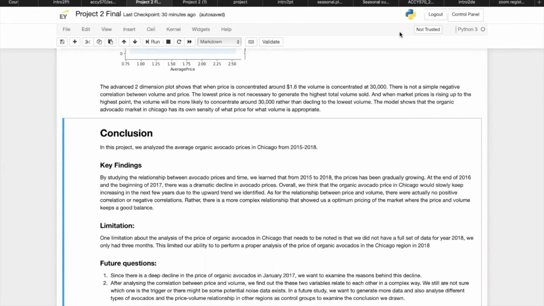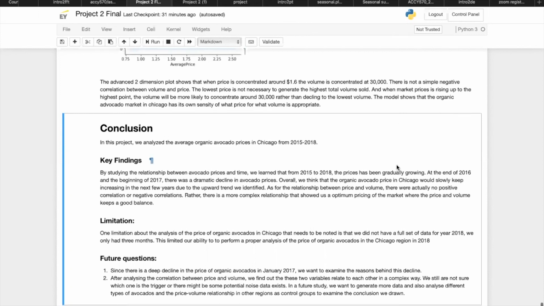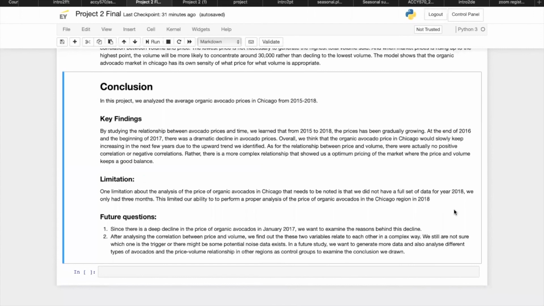One limitation that we'd like to mention is that we only have data for 3 months in 2018. That affected our ability to perform a proper analysis on the organic avocado prices in Chicago in 2018.